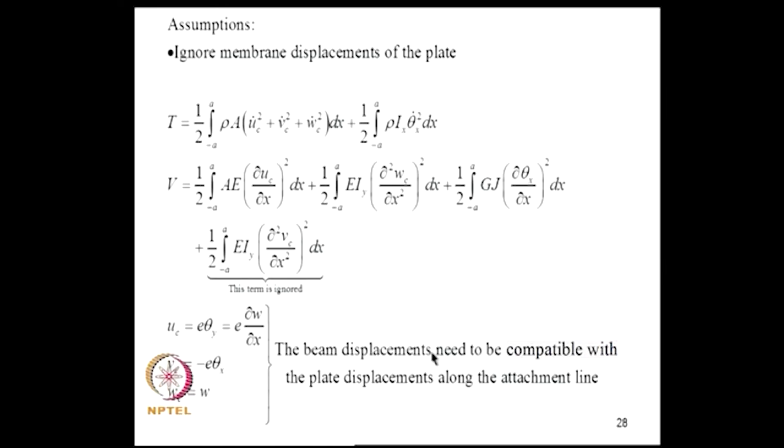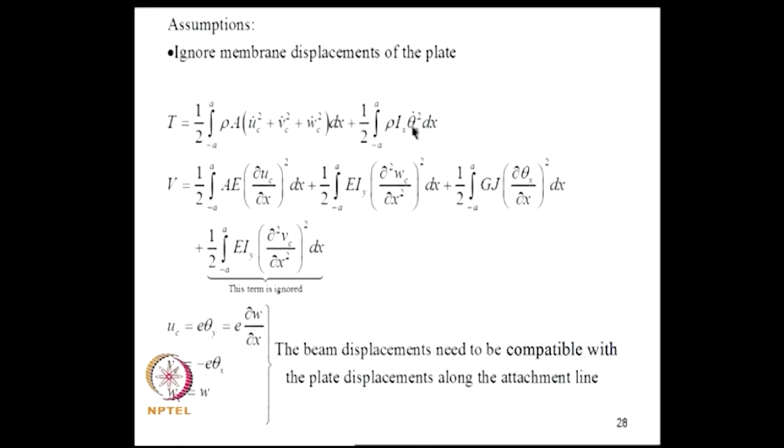As a first cut model for this problem, we can begin by ignoring membrane displacements of the plate. So, we will consider only the flexural action of the plate and the beam. Now, the strain energy stored in the beam is given by this expression. We are assuming a deep beam element, so we are including rotary moment of inertia as well.